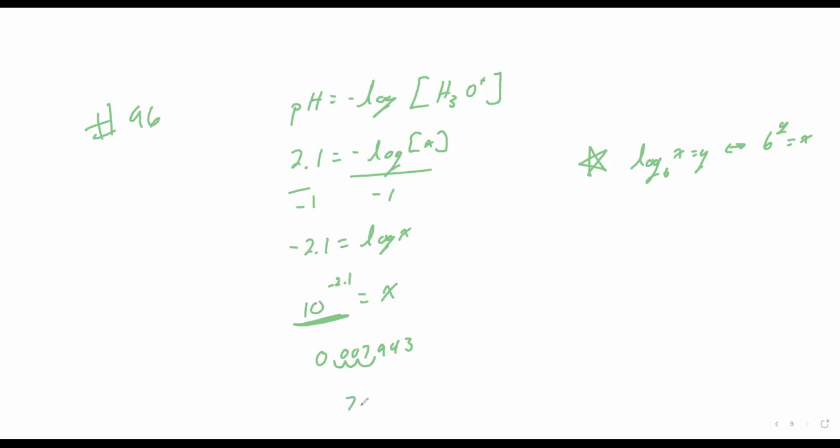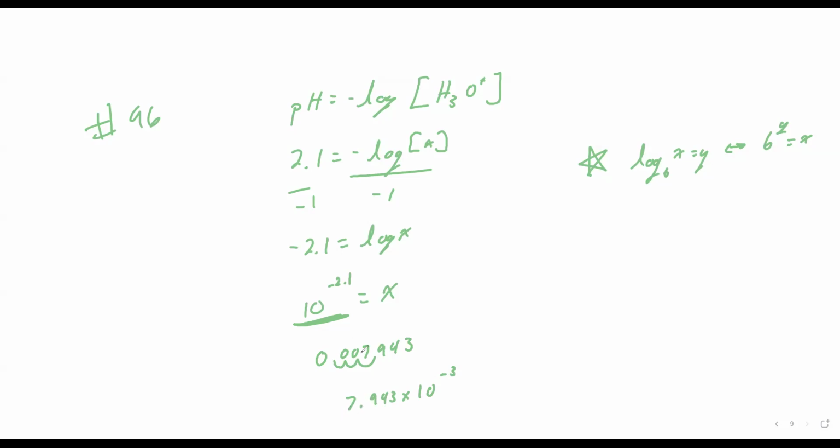So I'm going to write 7.943 times 10, and you just write how many times did you go over. So that's 1, 2, 3. Because I went to the right, because it's a decimal, this is going to be a -3. So you can think of it like this direction or this direction, but this -3 will tell me to move this decimal to the left.